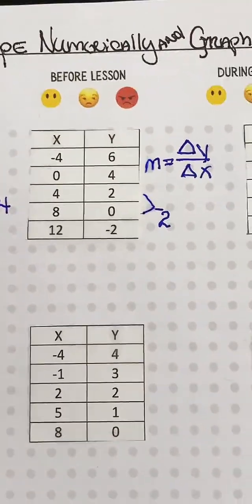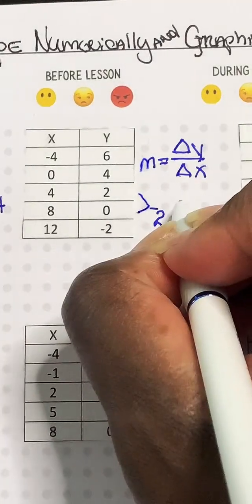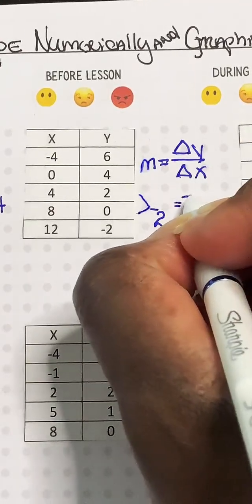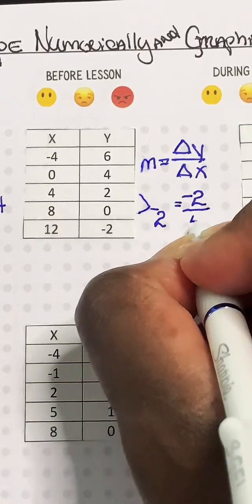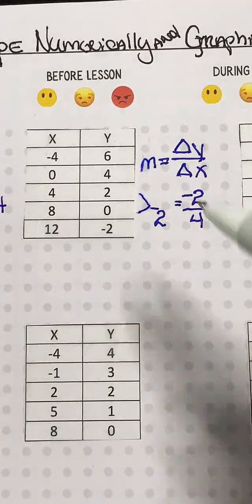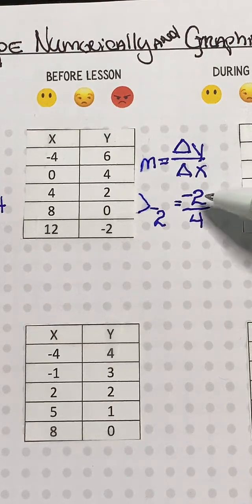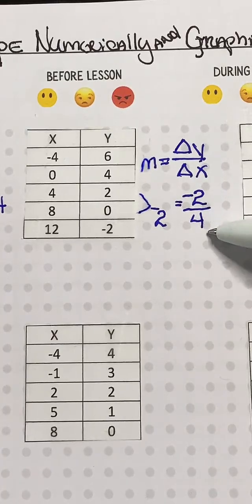So all we're going to do to find the slope is say the pattern of my y's is a -2. The pattern of my x's is a +4. So -2/4 can be simplified. Both of them are even. Anytime I get even numbers, I immediately think, all right, this needs to be simplified.